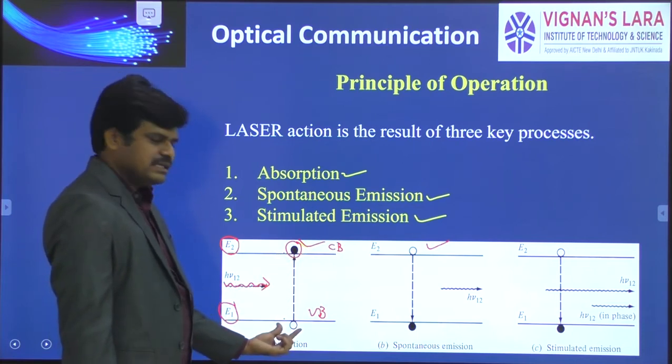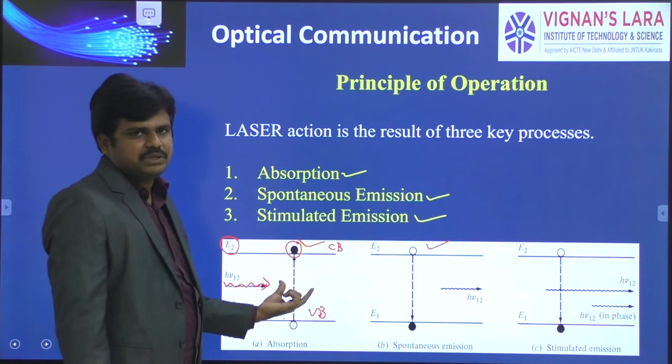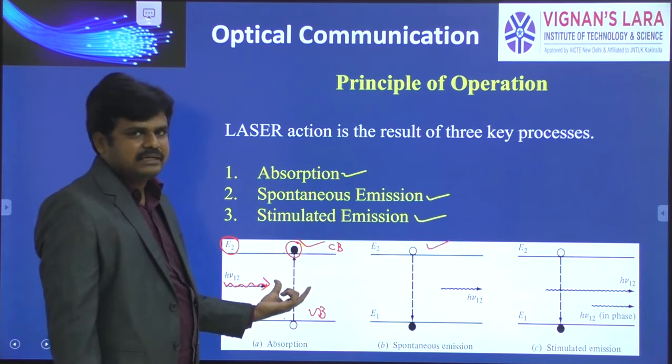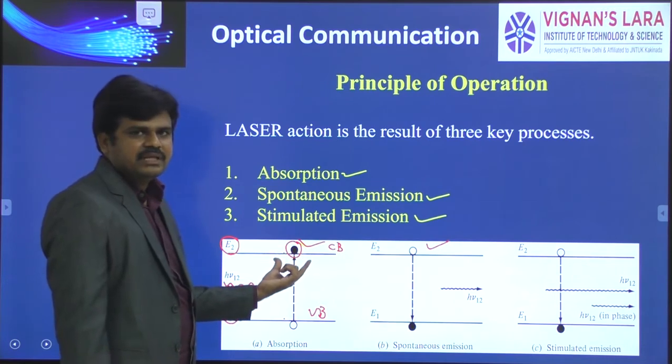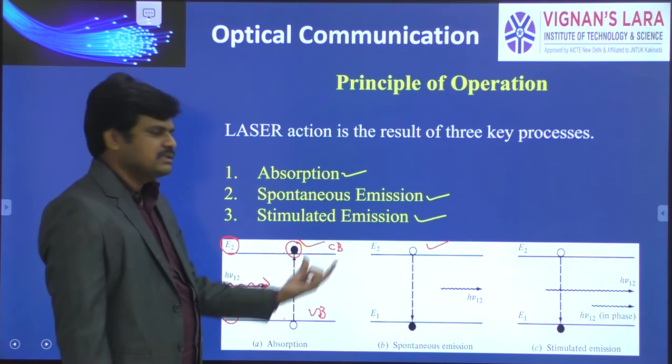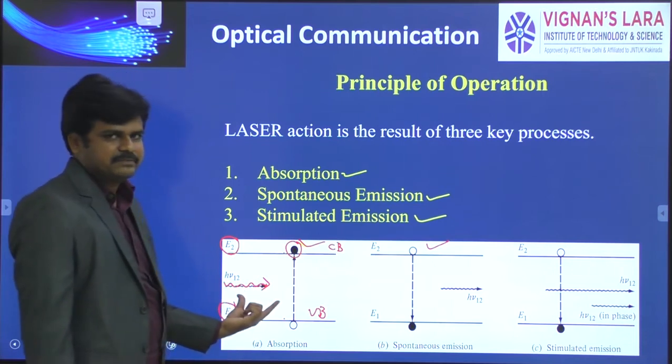The electron present in energy state E1 absorbs energy, which may be in the form of voltage, temperature or light, and moves into the higher energy state, or conduction band. This process is called absorption.